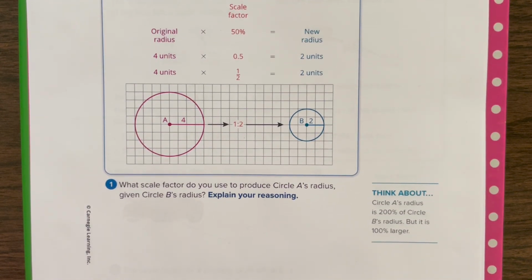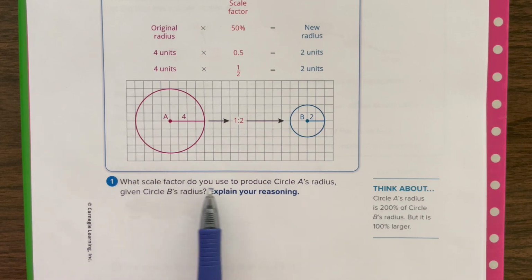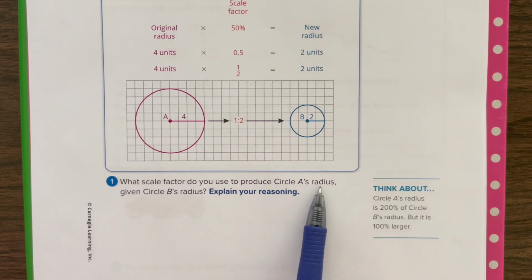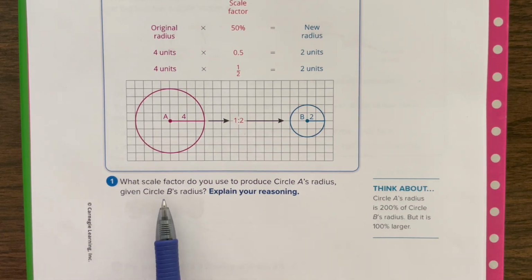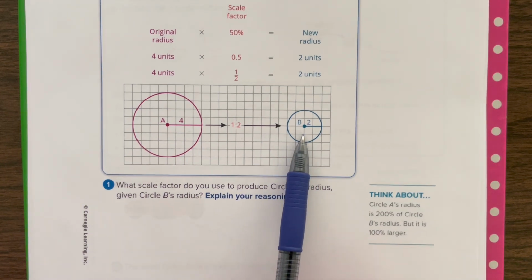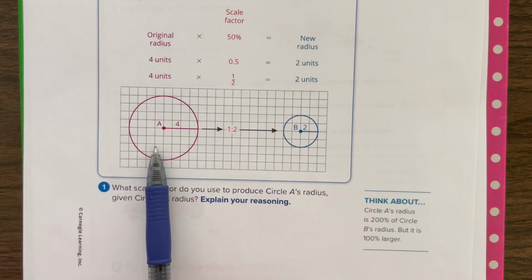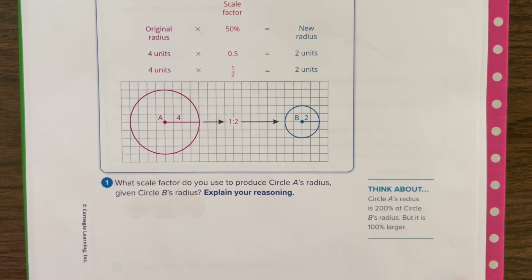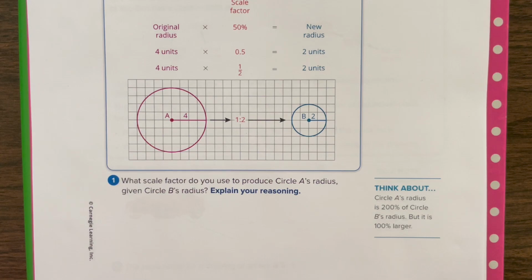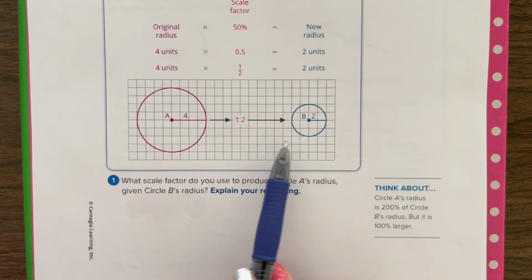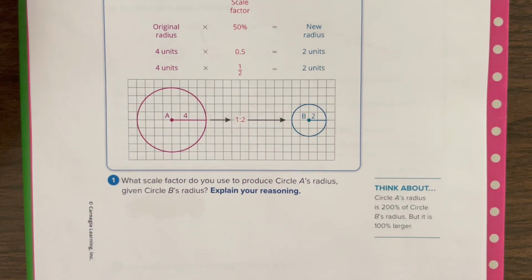So let's look at number 1. What scale factor do you use to produce circle A's radius given circle B? So we're starting with circle B, going to circle A. Does that mean that we're getting bigger or smaller? Well, we're starting with 2, going to 4, so that means we're getting bigger.